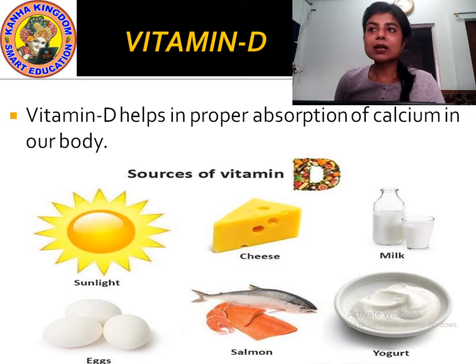And what are the sources of vitamin D? From where can we get vitamin D? The main source of vitamin D is sunlight. If you stay exposed to early morning sunlight, it gives you vitamin D that later helps absorb the nutrition from the food.